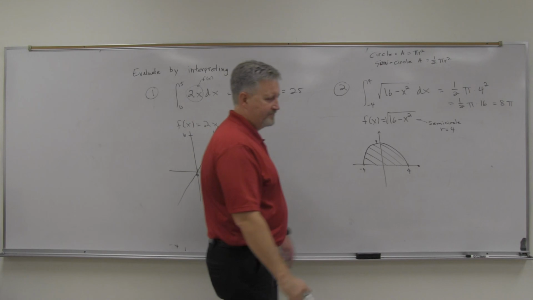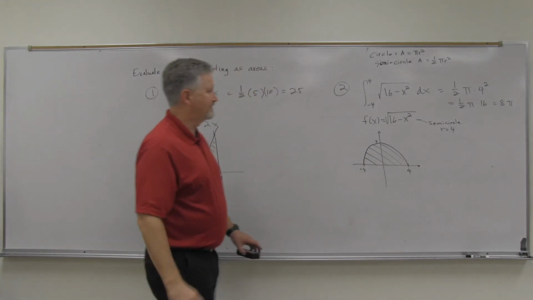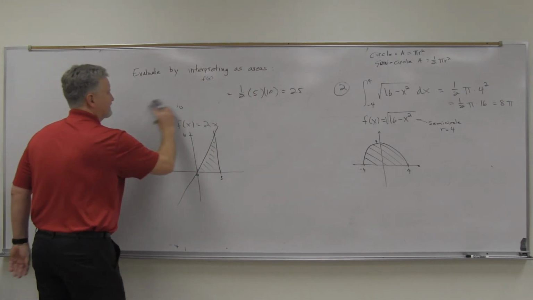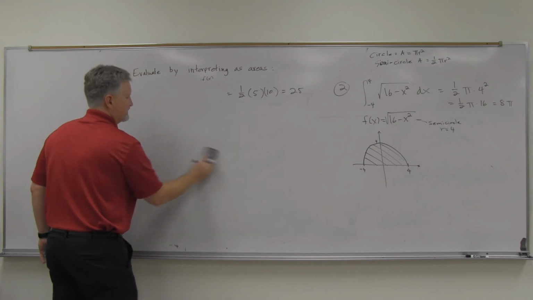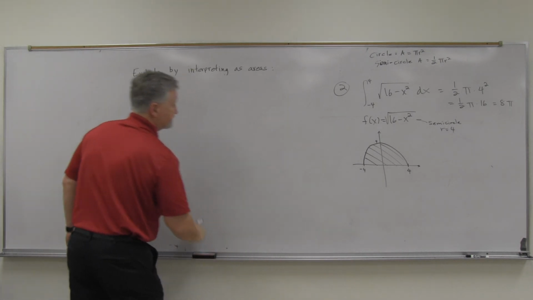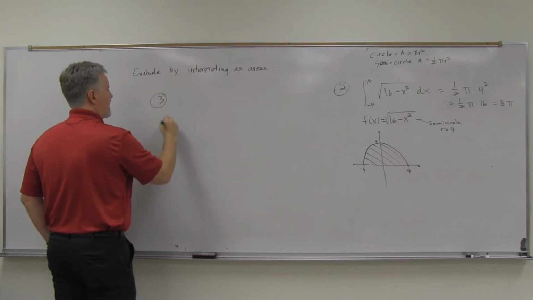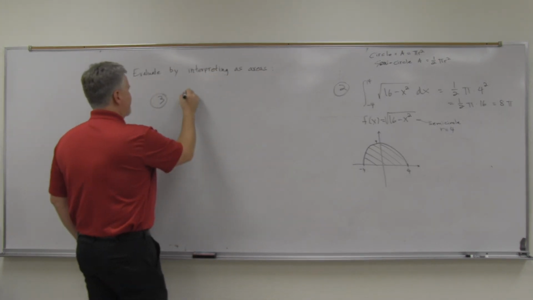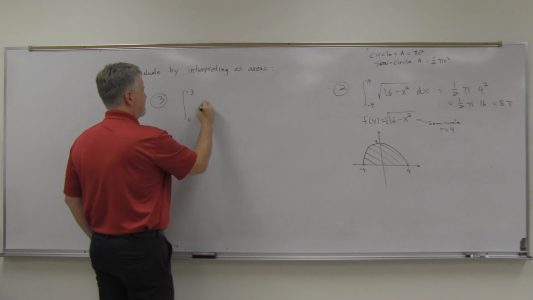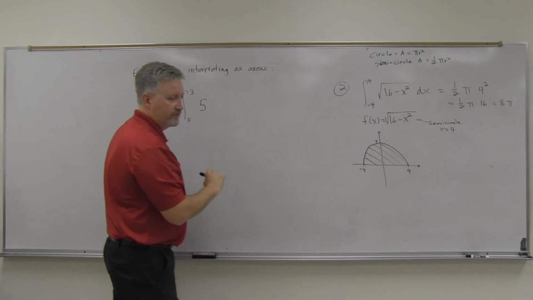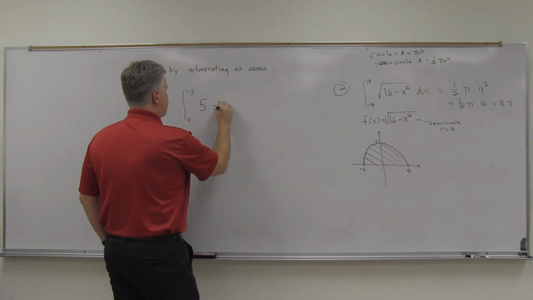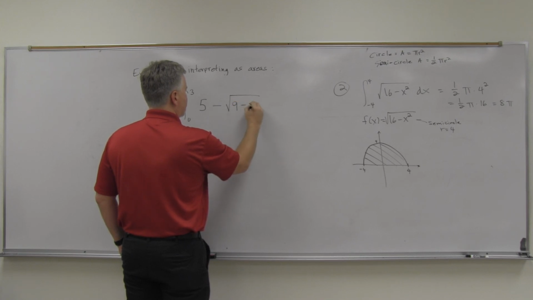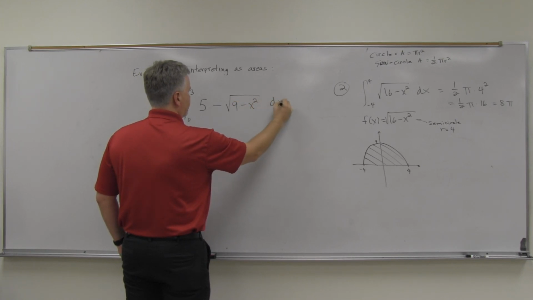I've got you one more because of what they'll give you on the homework. This will be the last one. All right, so you've got the integral from 0 to 3 of 5 minus the square root of 9 minus x squared dx.